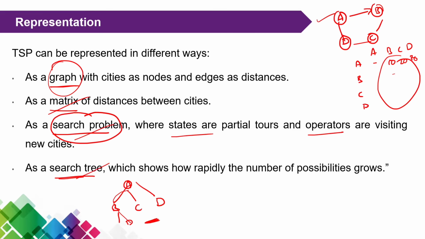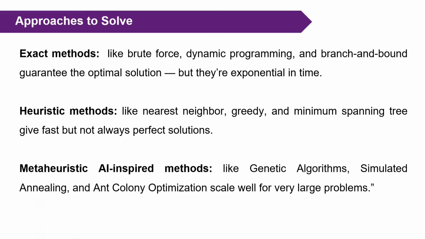Now, once the representation is completed, how do we solve it? What are the different approaches to solve the problem? The first one is the exact approach, that is, we use exact methods. What are the different exact methods? Brute force, dynamic programming, branch and bound.